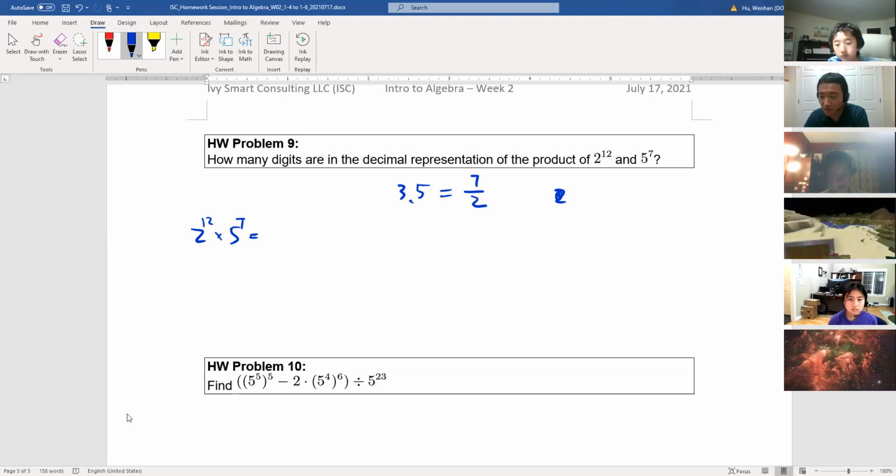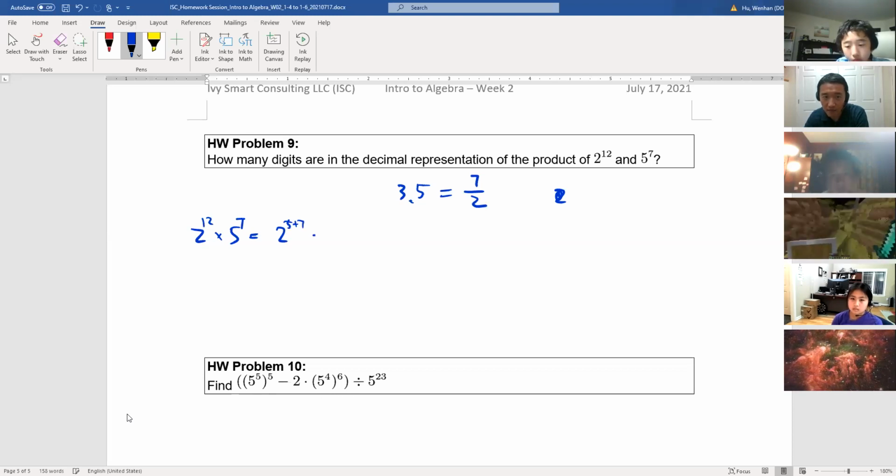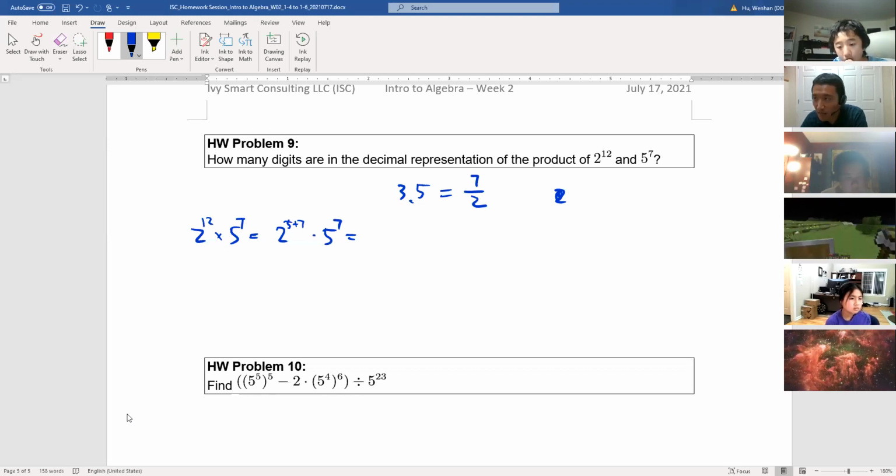So any calculation will be easy if we can convert 2 and 5 into 10. We have 12 copies of 2 here, and 7 copies of 5 here. What I'm doing is trying to get the same power for 2 and 5, so I can combine them and make a power of 10 out of them.